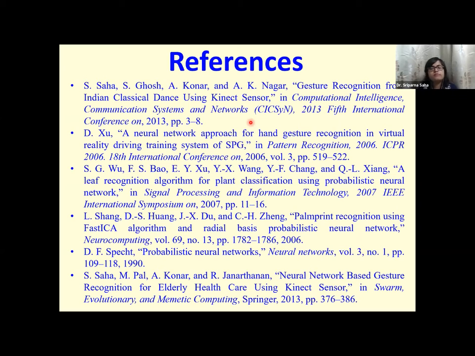Apart from that, this particular work was carried out in 2016, so it's about 5 years back. In the years previous to that, CNN was not that popular in India, I can say.